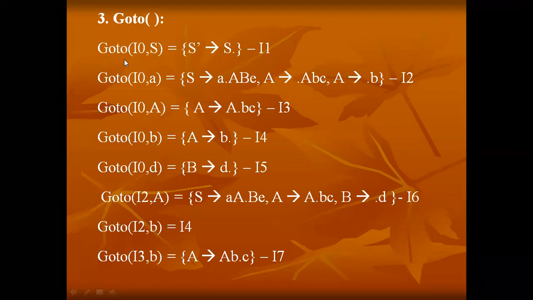See here in goto I0 with S, I get an I1. And this is the terminal, no need to take it. And here I'm having another non-terminal, I0 with A. And here what I get is a new item I3, right? And here I2. After I0 with A, these are all with the terminals. We are not taking these terminals.